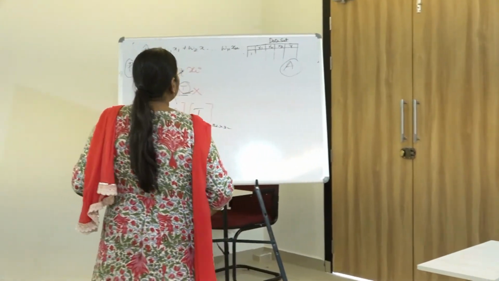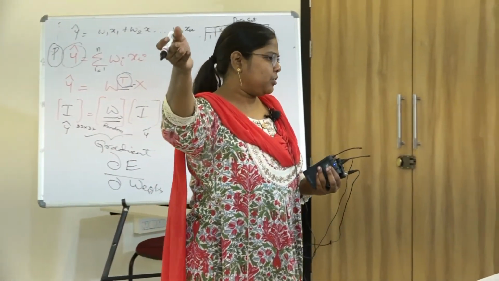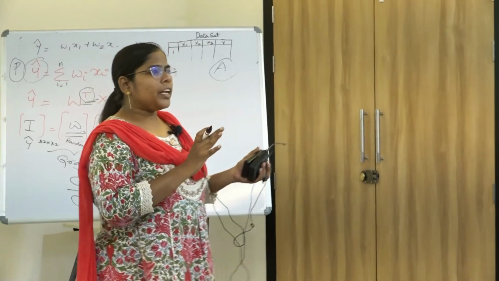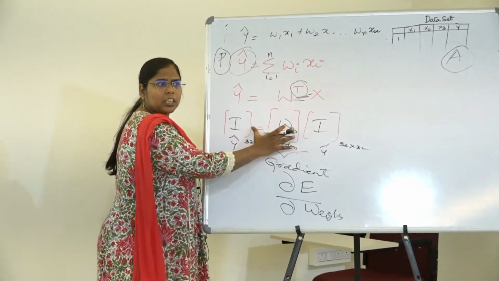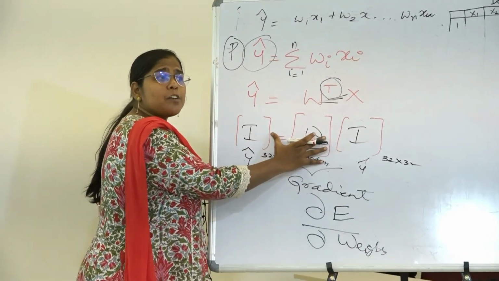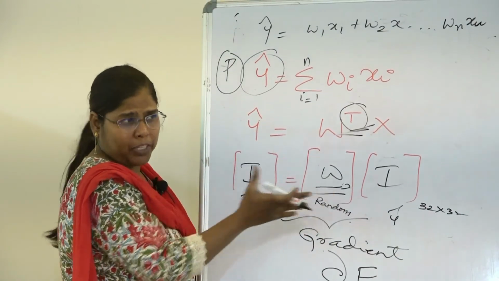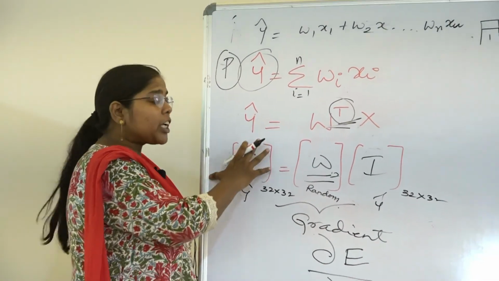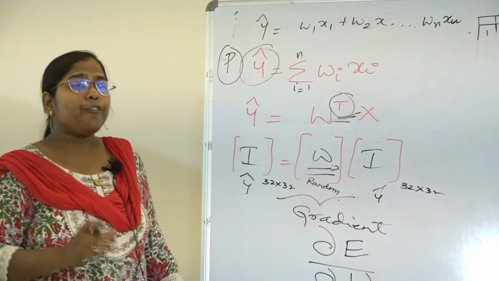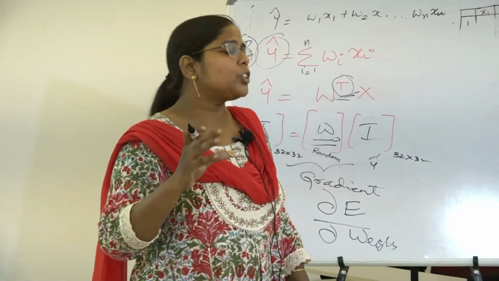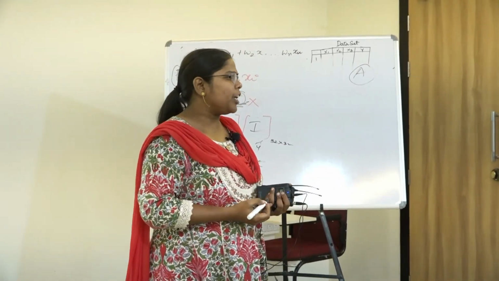What is the importance of your weights? Weights are the mask which can predict the input and output relation, or the outcome. If you keep on changing the weights, you can get the classification very well.